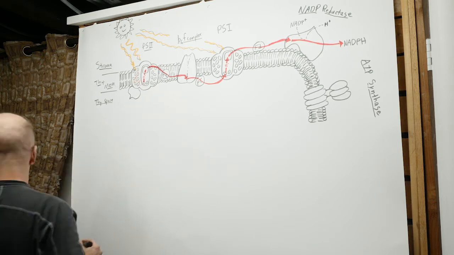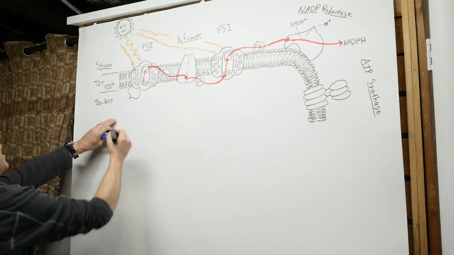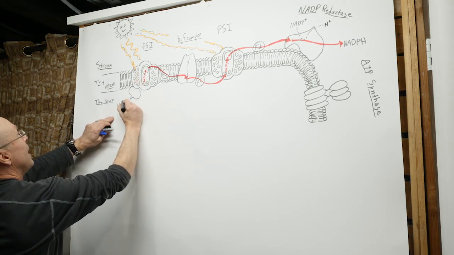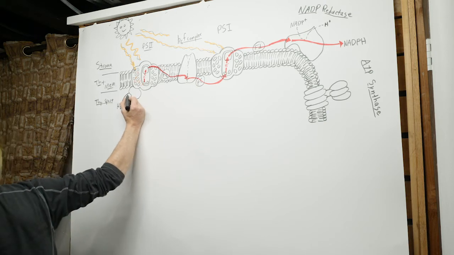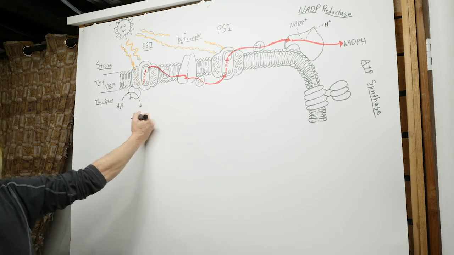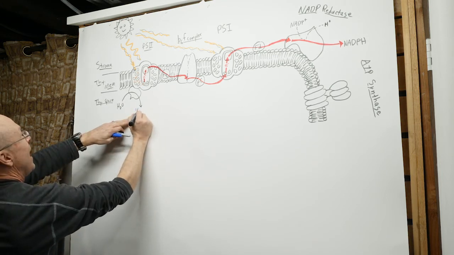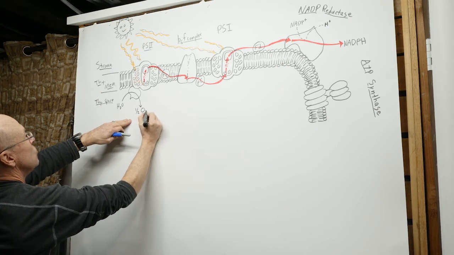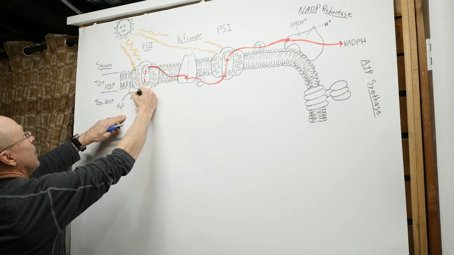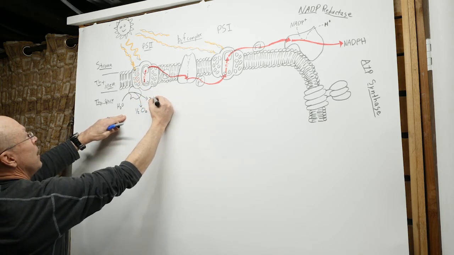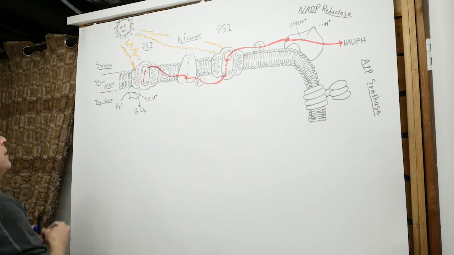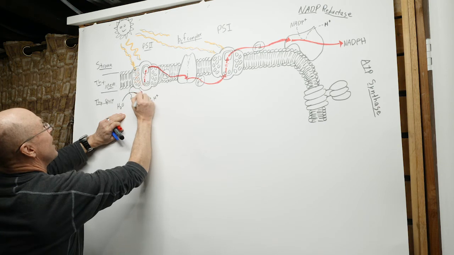Another little Hershey's Kiss for our cartoon, and show that we're going to start with H2O, and that H2O is going to be split into 1/2 of a molecule of O2, and we're going to get 2 H plus ions, and then very importantly, our first process.